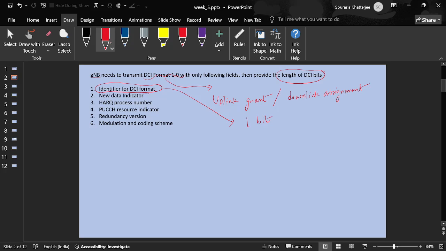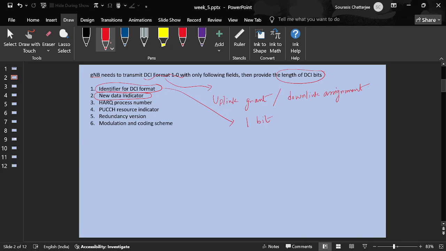What about the second one, the new data indicator? Is it new data or not new data?